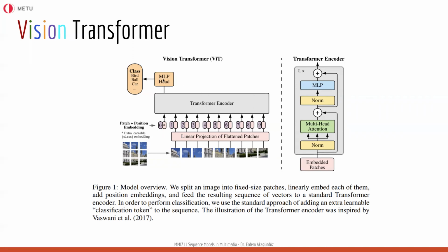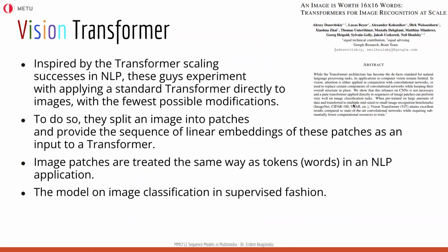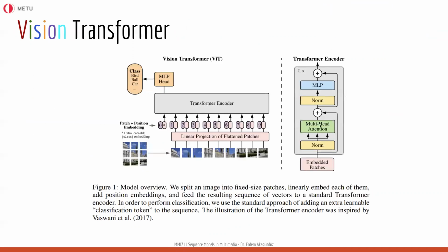And the encoder output is fed to a linear, fully connected layer with a softmax here. And it makes the ImageNet classification, 1,000 categories. So it's tested with many datasets, like CIFAR-100, which has 100 categories, or VTAB, with different training; they try and present results.